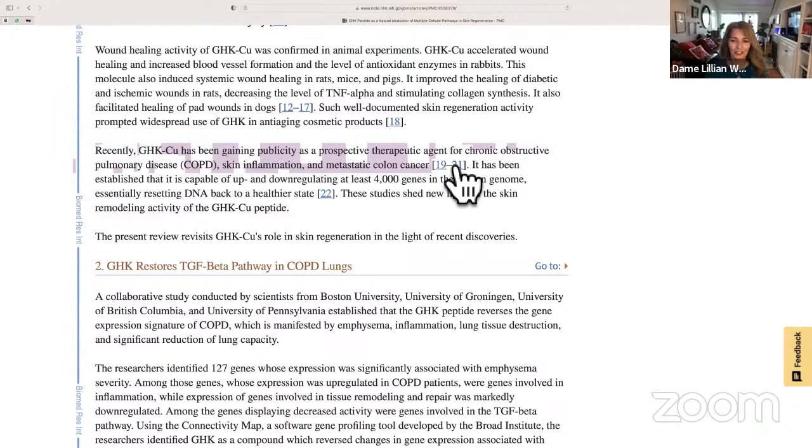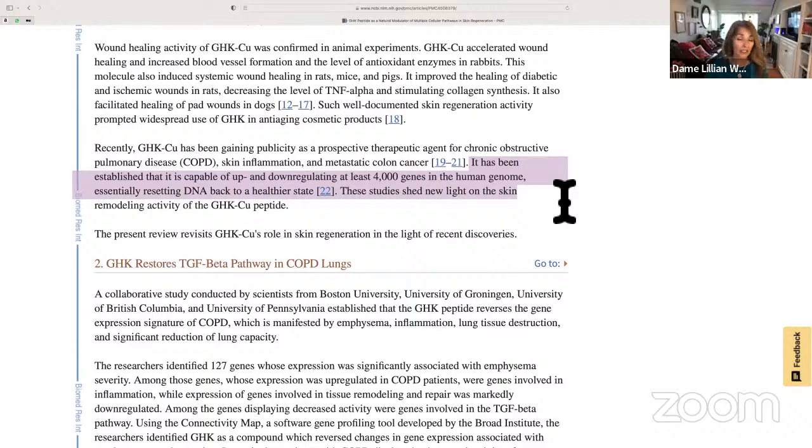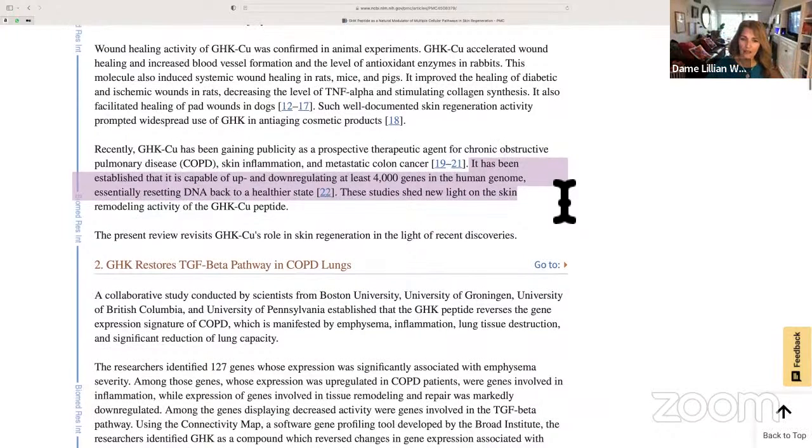It's kind of acting a little funky here, but it's basically saying that it has been established that it is capable of up as well as down regulating at least 4,000 genes in the human genome. Essentially, it's resetting your DNA back to a healthier state.